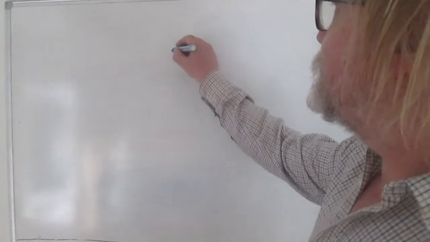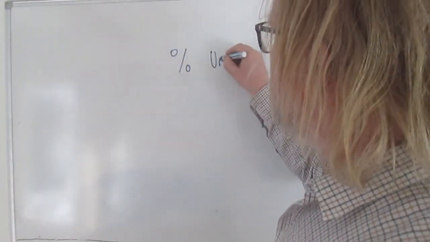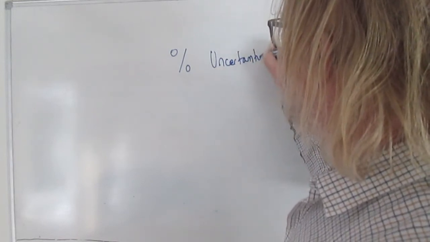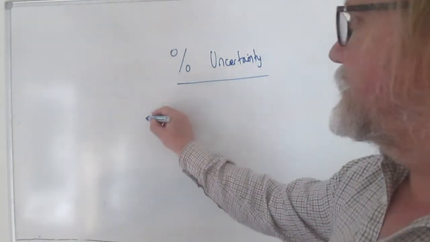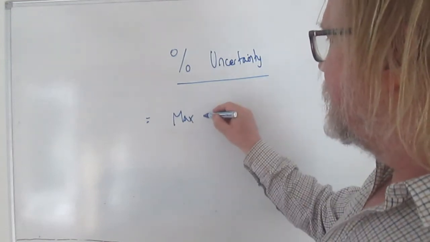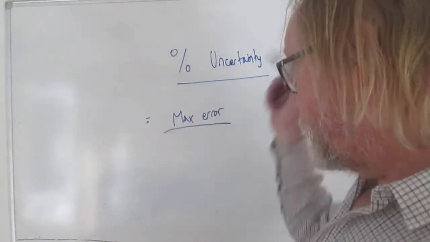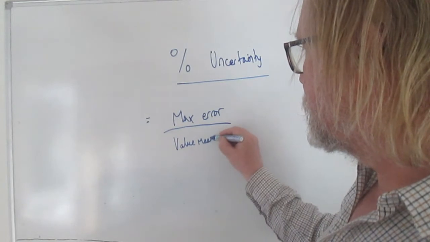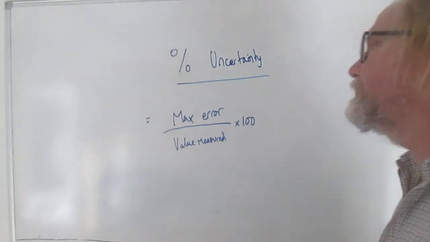And so that's why we introduce this quantity of percentage uncertainty or percentage error when we're talking about numbers. And the definition is that it's the maximum error divided by the value measured times 100.